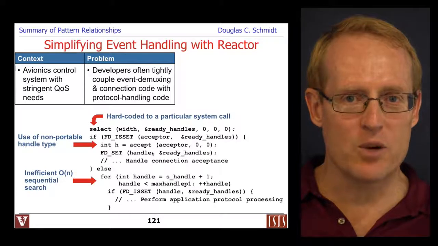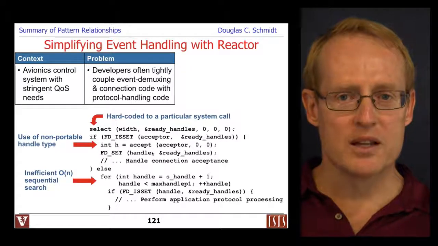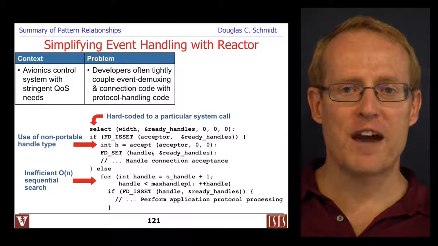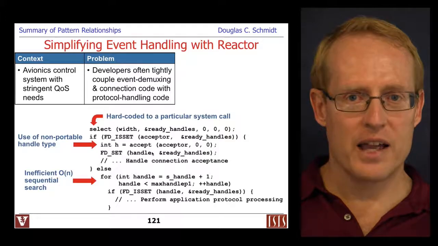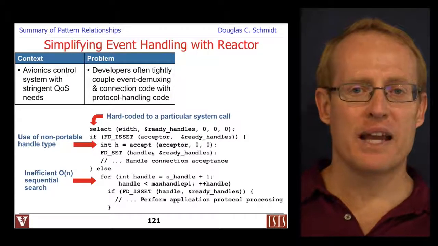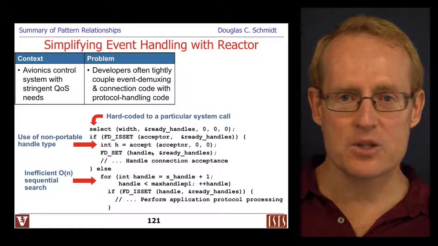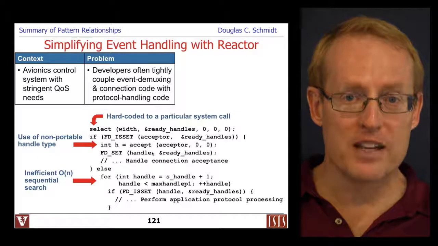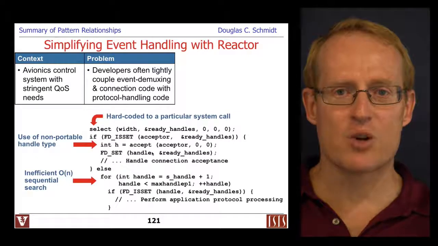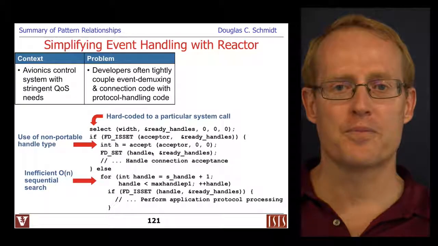Likewise, there's a tendency when you're programming with sockets and select to write loops that go through in a linear fashion the set of handles that may have something ready on them in order to figure out whether they've actually got anything to work on. And this linear search can become prohibitively expensive if you have lots of things that you're trying to keep track of in your implementation of the broker.